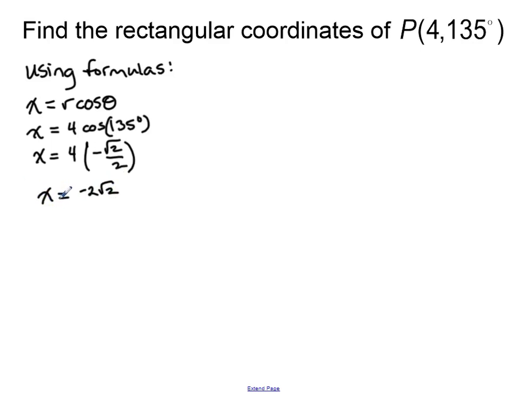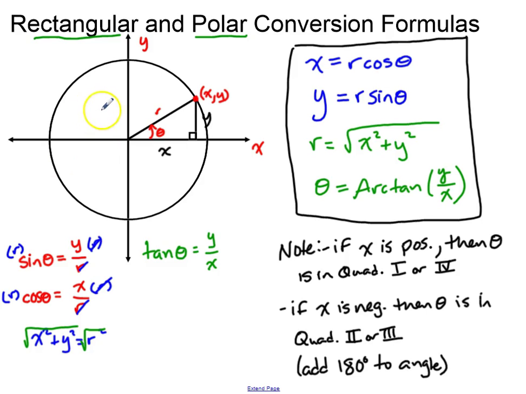Now let's find out what y is. Use a different color here. So y has to do with r times the sine of theta, right? So y, similarly, the sine of 135. Now, will that be positive or negative? Let's check out our diagram. So 135 would be like over here.